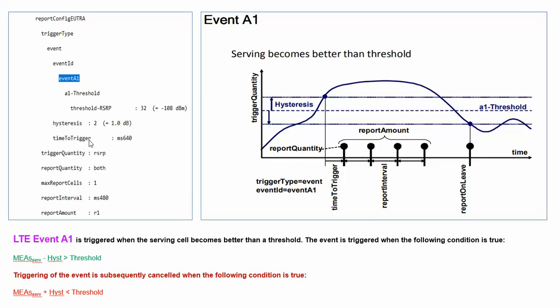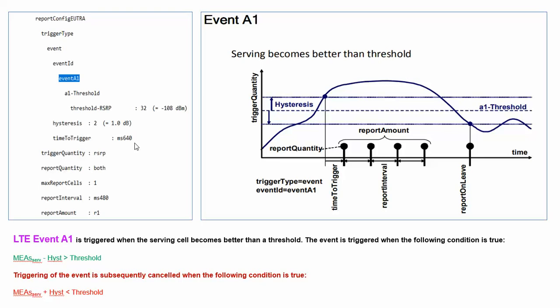Suppose we face an issue of delay in handover. Then we need to check time to trigger, and if the value is high there, you can minimize it. The standard value is 640; below that are 320 and 160, which are lower.